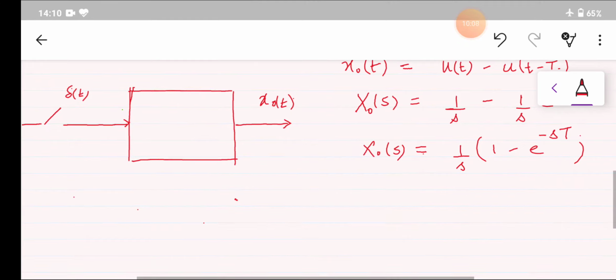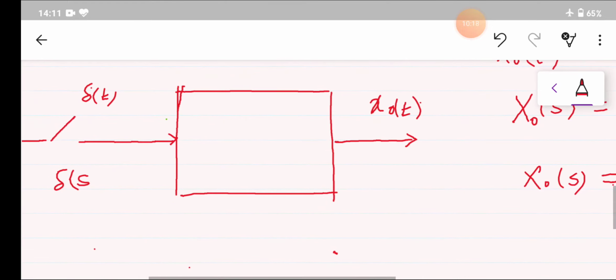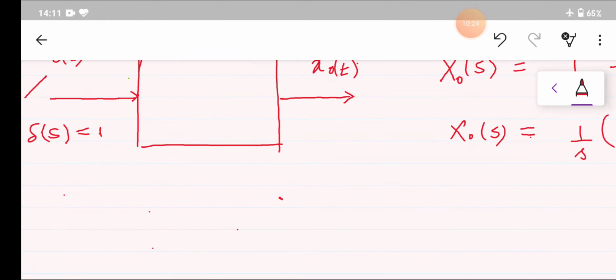Now the input is delta(t), so delta(s) will be 1 in frequency domain.